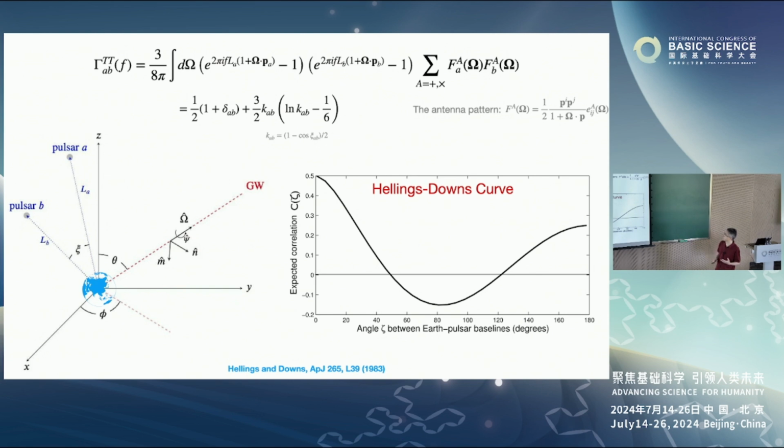They will have different times of arrival, and we can measure the correlation between the TOA from different pulsars. Around 40 years ago, Hellings and Downs predicted that gravitational waves should give a special correlation between the different TOA. So today we call it the Hellings-Downs curve.